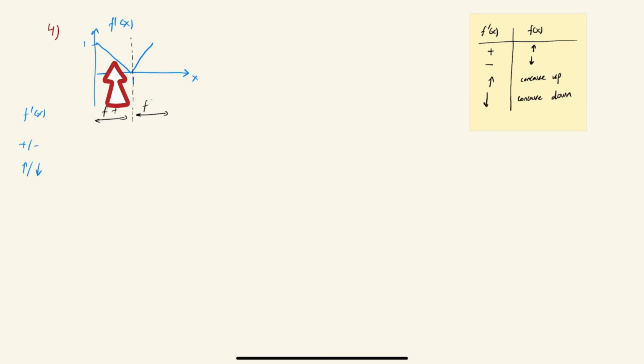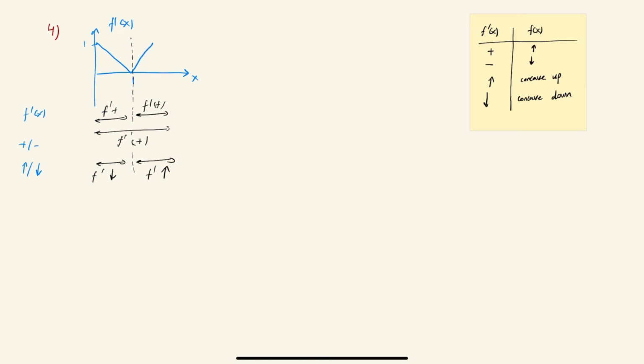Notice on the first segment f prime is positive, and then on the second, f prime is also positive. Now, where f prime of x is increasing or decreasing: on the first segment, note that f prime of x is decreasing. And then on the second one, f prime of x is increasing.